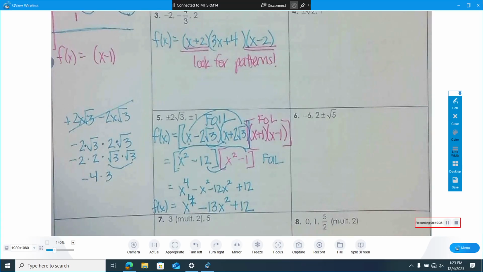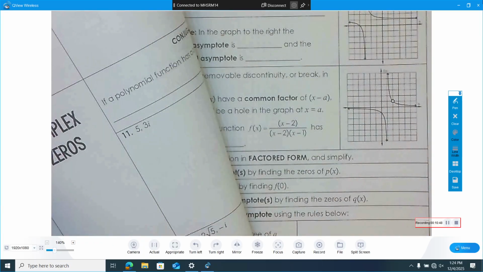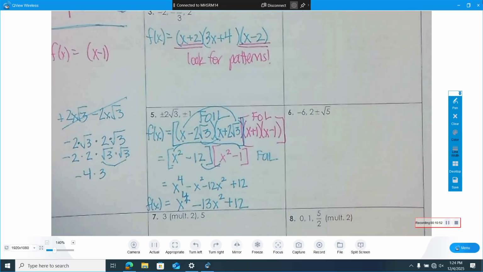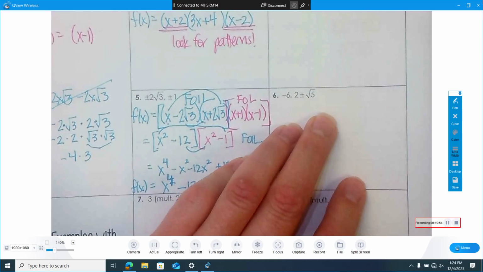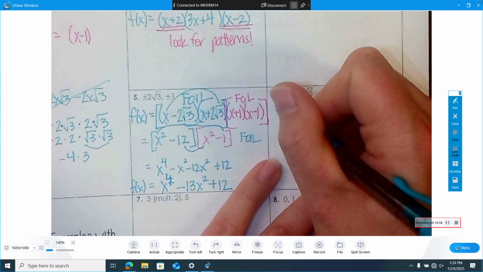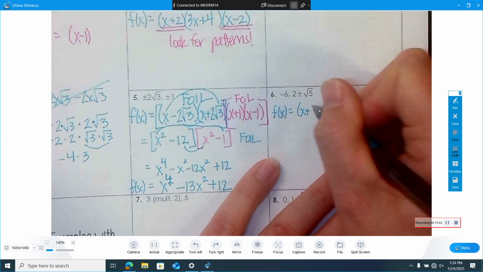So really paying attention to patterns is super important. Now, let's see. Let's look at number 6. Number 6. So if I want to set up my bubbles, x plus 6 is the first bubble.